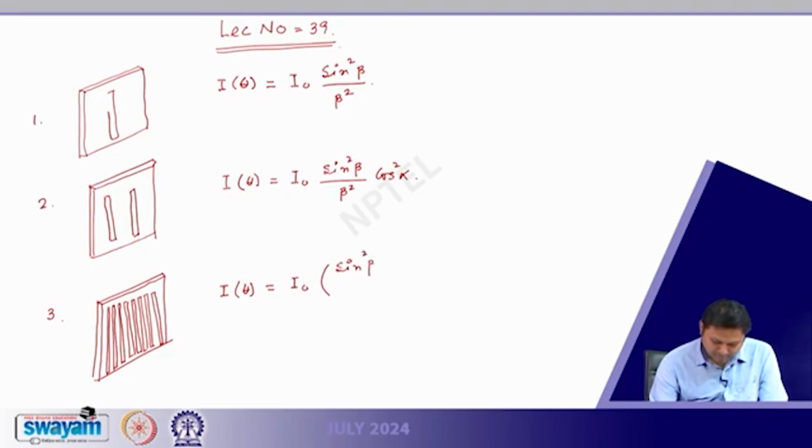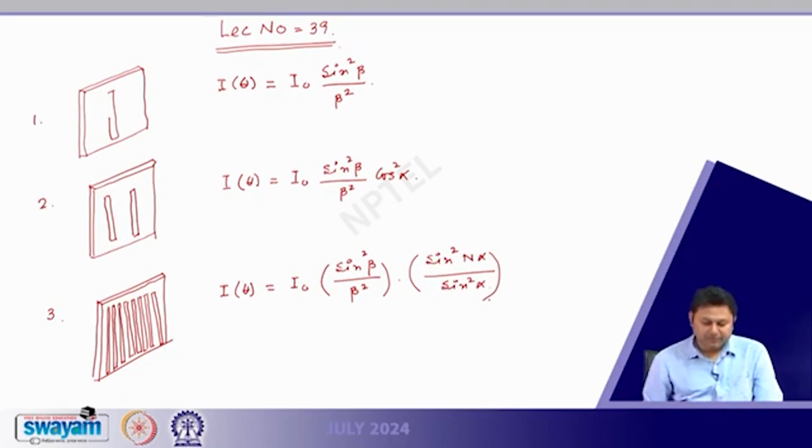We have sine square beta divided by beta square, then sine square n alpha divided by sine square alpha. In the first case, this term is totally due to diffraction.